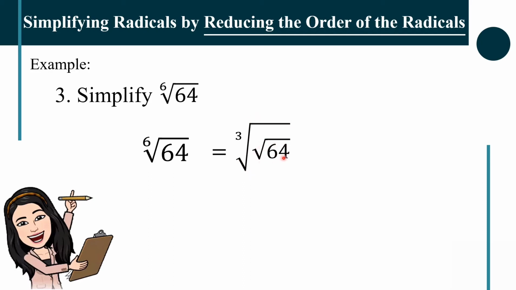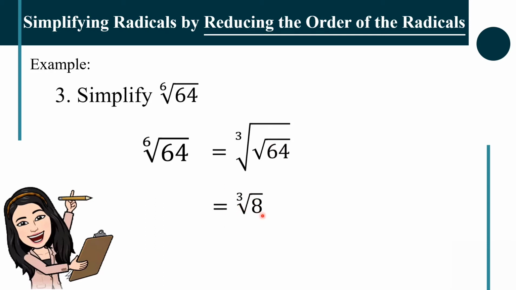Ang 2 ang nasa loob ng ating radical kasi ang 64 ay a perfect square. Maliwanag ba 'yon? Okay. So let us simplify. What is the square root of 64? That is 8. So ibig sabihin, aalisin na natin ito, papalitan natin ng 8, therefore the answer would be cube root of 8.